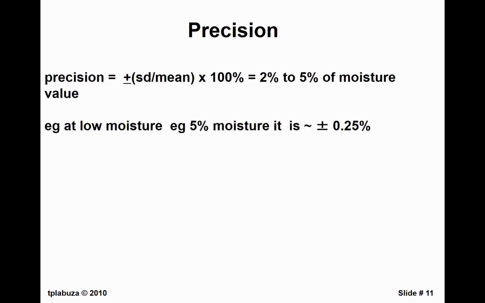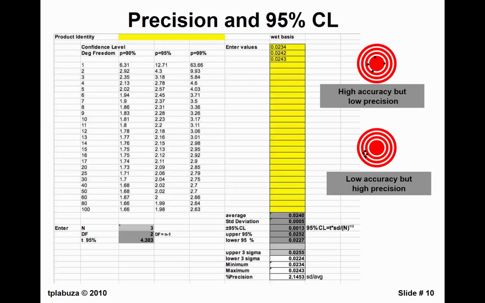Just to point out precision, if we look at this set of data here, and we plotted it, let's say, as a target. This one up here, there it is. It's too small. This is high accuracy, but low precision.